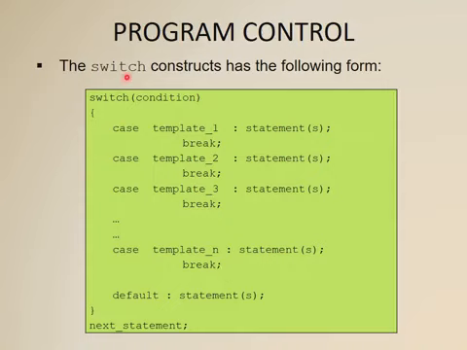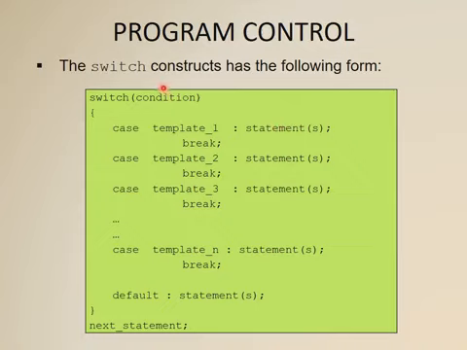So this is the basic syntax of your switch statement. How we can write it: switch and, in brackets, the condition. Whatever matching values there are for this condition will be written into case statements. So case template 1 will contain the value matching this condition, then template 2, template 3, and in each case, if the condition matches template 1, then the statement will be executed, and finally break the execution.